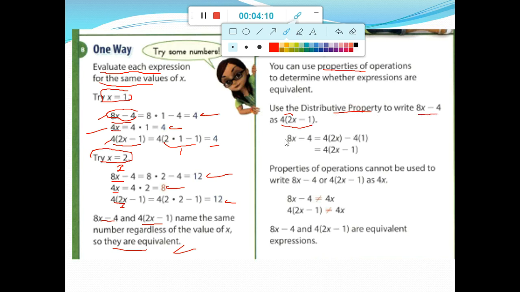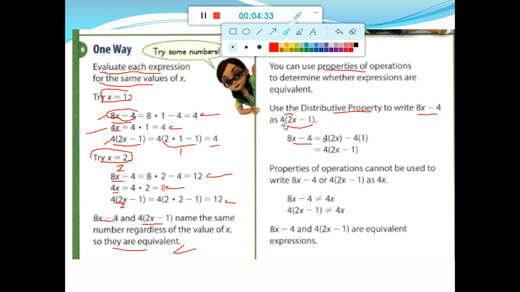Let me try to write the first one as the second one, or the second one as the first one. The book used the first way, which is they put 4 as common factor and divide by 4. Or we can use the other way, not the reverse distributive property.